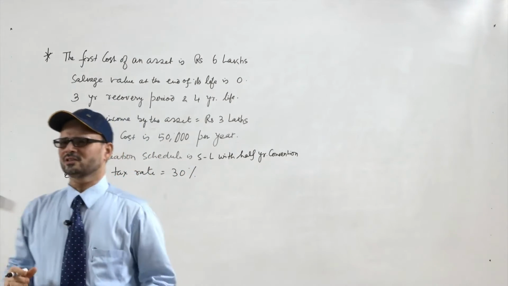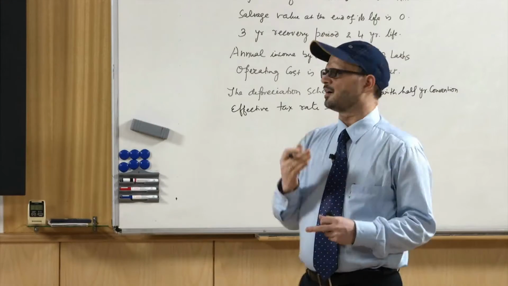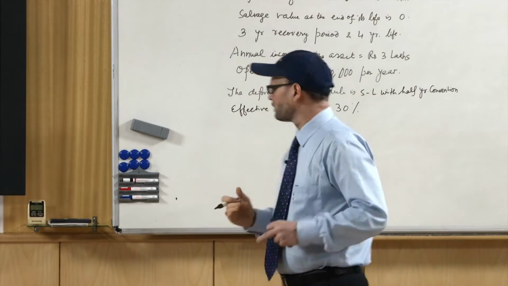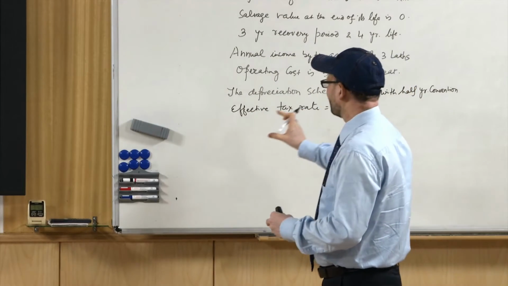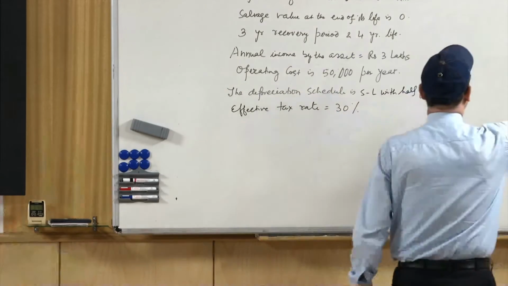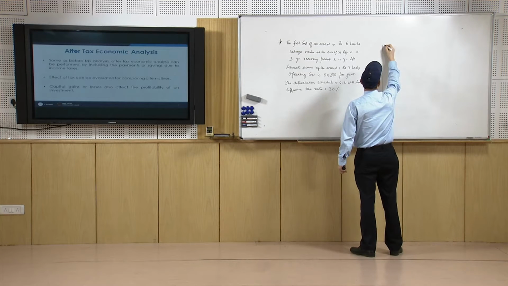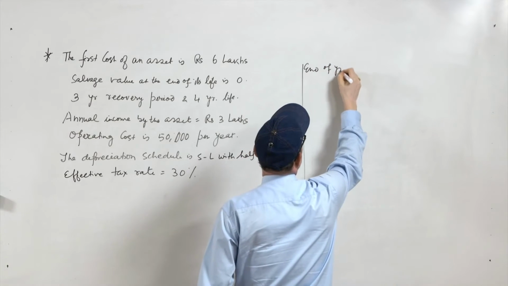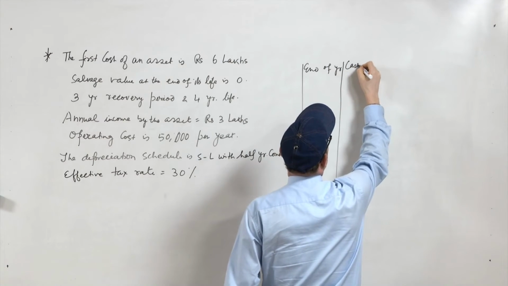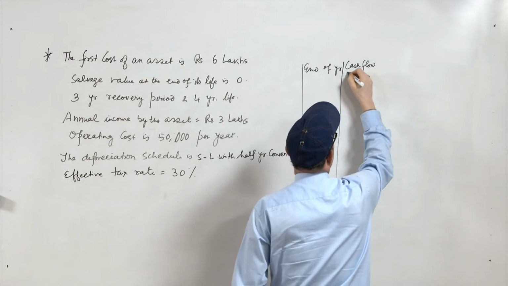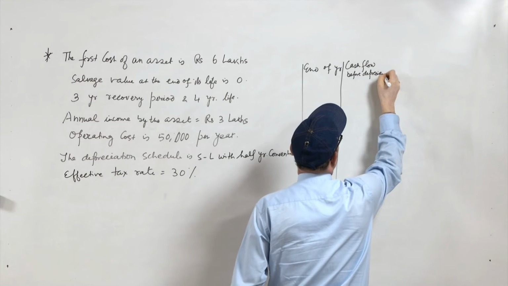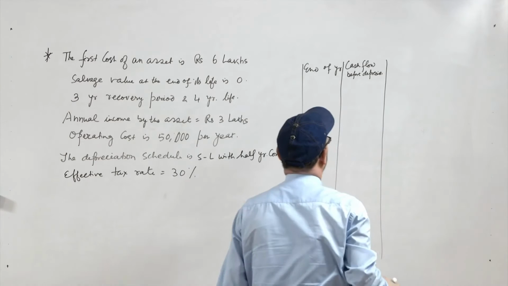Now, in these cases we have to see what is the change in the tax flow or the cash flow once you have this depreciation schedule. So, we can have the table. The table has the end of year, cash flow before depreciation, and tax.